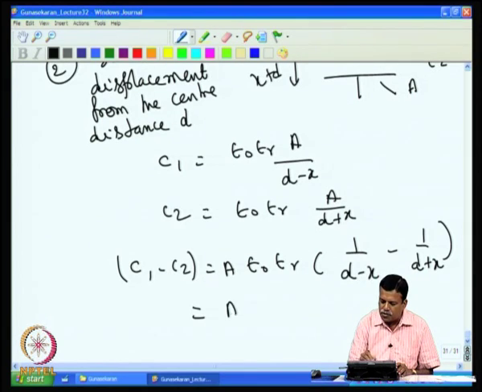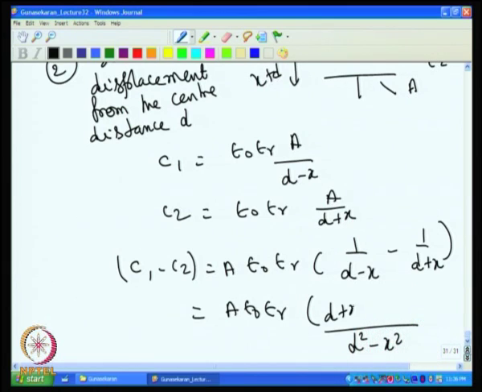Which can be shown as epsilon naught epsilon r, and then you have d squared minus x squared, then you will have d plus x minus d minus x.